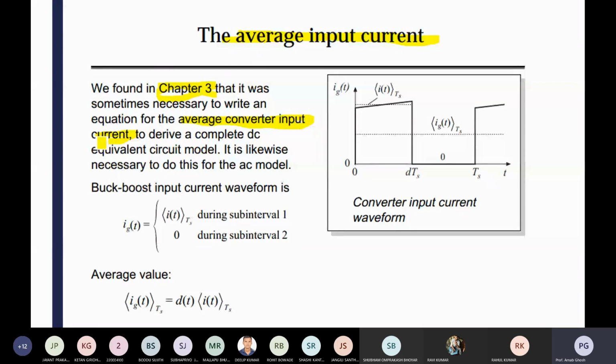So in the buck converter, buck-boost converter or boost converter, in all the cases you can see that the inductor is charging over the on period, then it is discharging in the off period. So on period plus off period gives the total time period. Due to on and off, you get some charging current and discharging current.